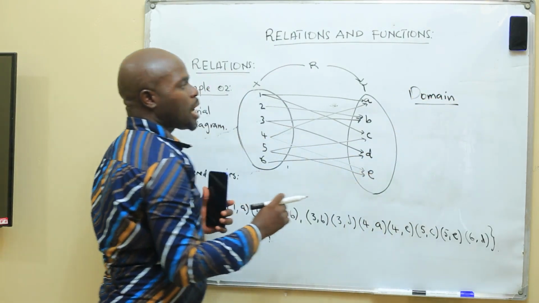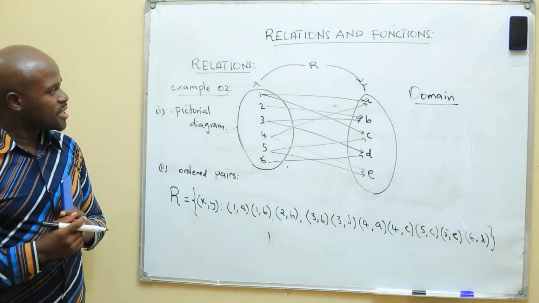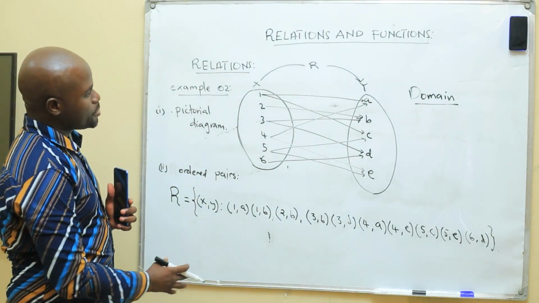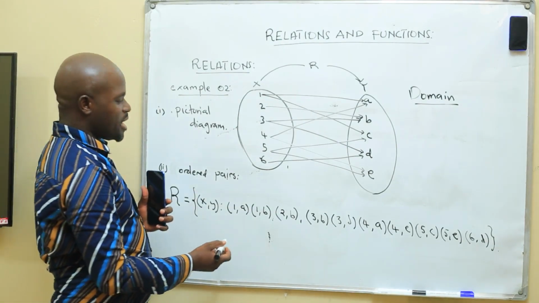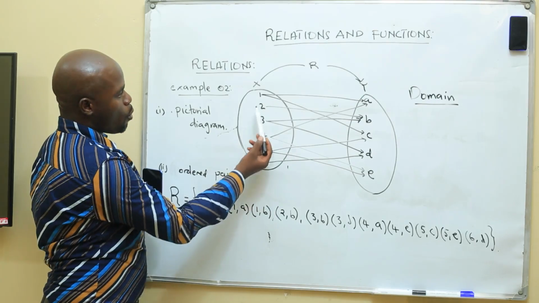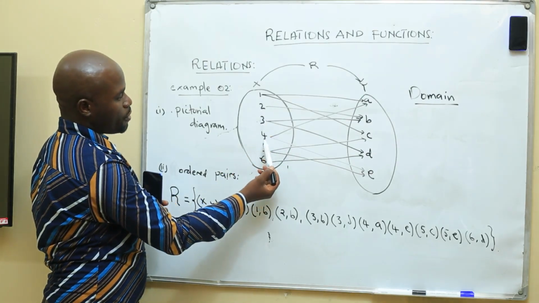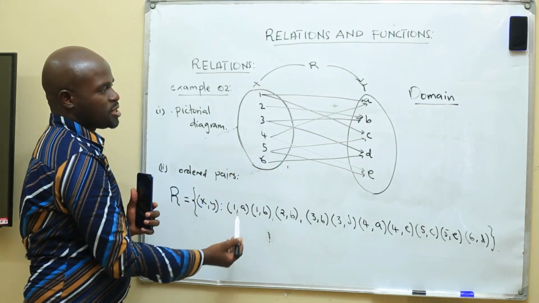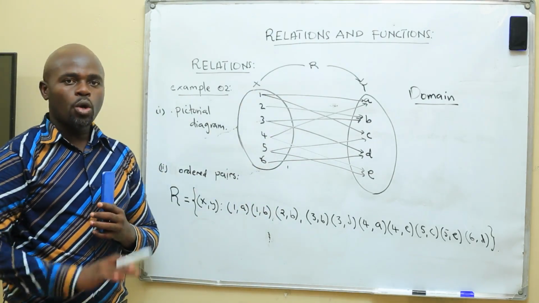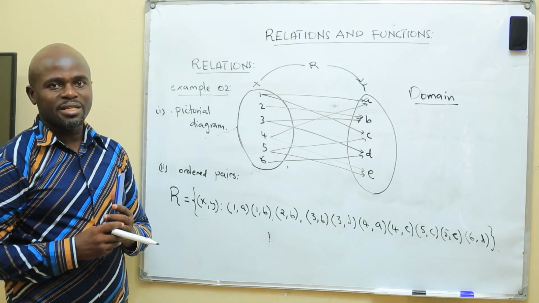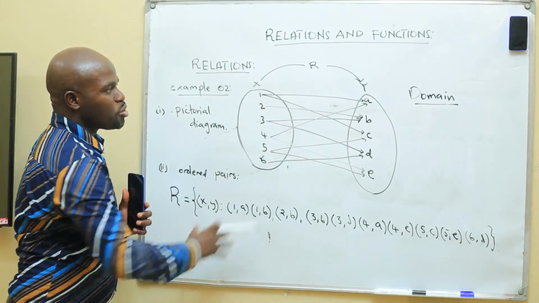We said these are all elements of the first set. So according to our example here, what are the domains? The domains are 1, 2, 3, 4, 5, and 6. These are the elements which make the first set, so all elements which make the first set are called the domain.